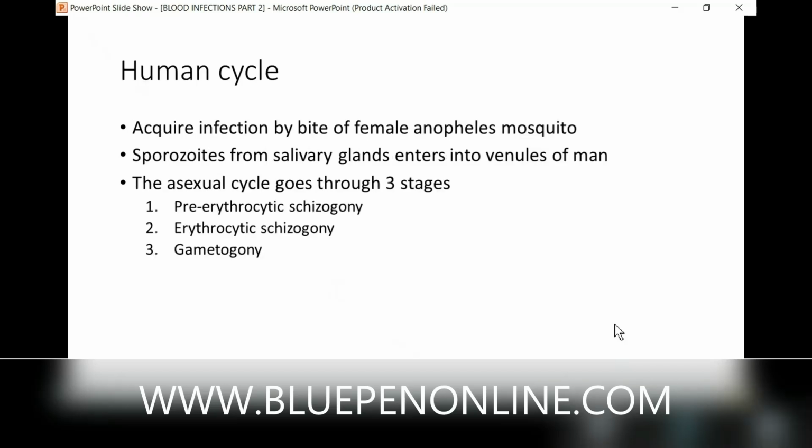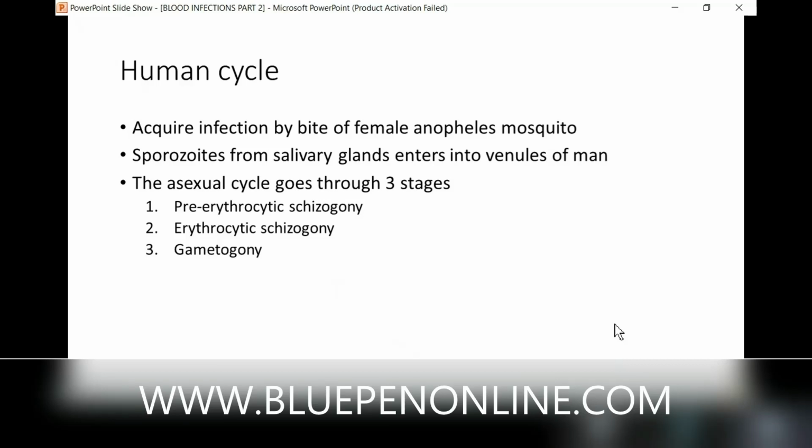What's the human cycle? Infection occurs by the bite of the female Anopheles mosquito. Sporozoites are the form which causes infection in humans, and these sporozoites are found in the salivary glands of the mosquito. So sporozoites from the salivary glands enter into the venules of man. The asexual cycle goes through 3 stages: pre-erythrocytic schizogony, then erythrocytic schizogony, then gametogony.